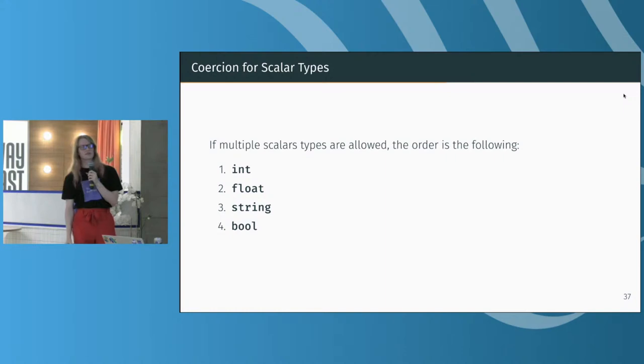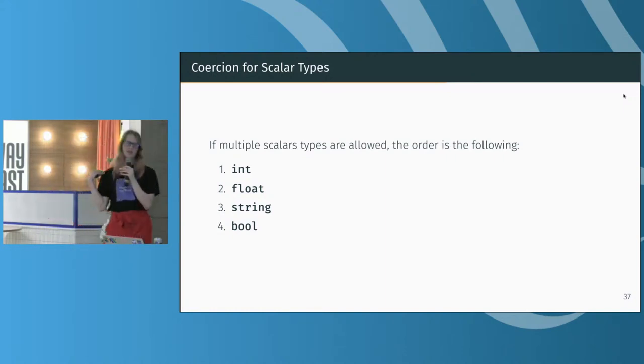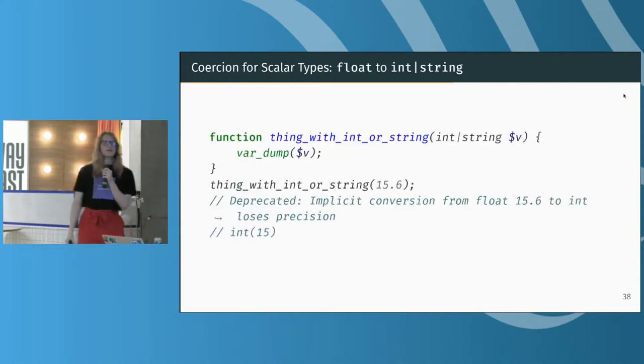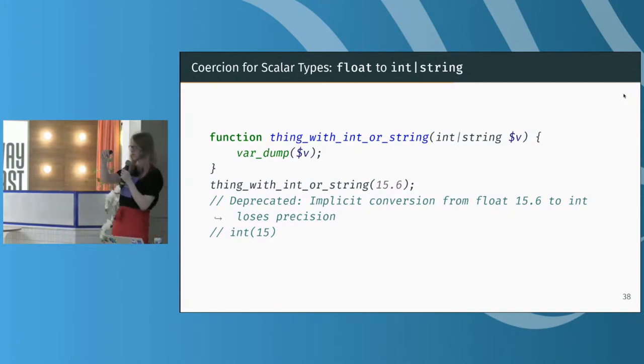Now conversion for scalar types. If you have multiple scalar types allowed, the order is the following. It will first try to use the integer, then the float, then a string, and then a Boolean. So if you have int or string and you pass it a float, it will use it as an integer for the moment, and you'll get a deprecation notice because you're getting an implicit conversion from float to int, which I think I added since 8.1.